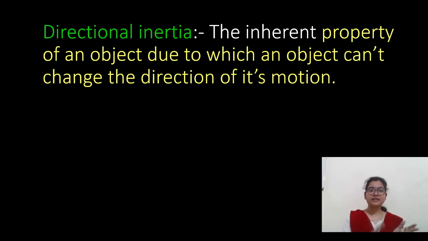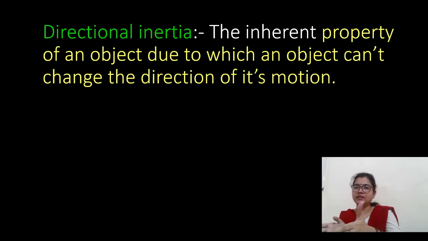And the third case is directional inertia. If something is moving in this direction, it will want to move in this direction only. It will not change its direction until an external force works on it.